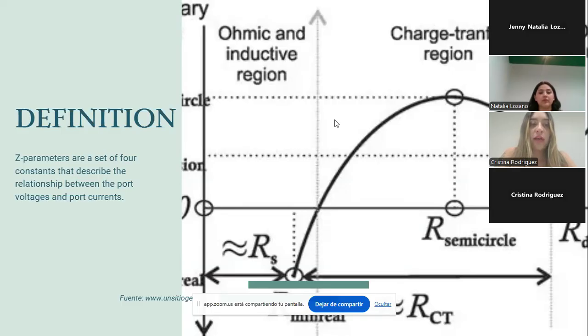This is common in passive networks without any dependent sources. A network is symmetric if the input and output impedances are equal, that is, Z11 equals Z22. This implies the network behaves the same when input and output are swapped.